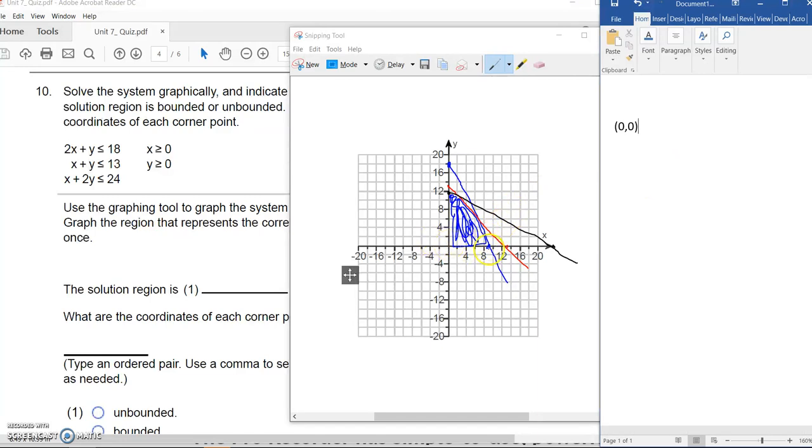And this is a coordinate which is the x-intercept of this blue line, that was a 9, so 9, 0, not 0, 9, because x goes first, y goes second. And then there's that piece, which is the y-intercept of the black line, and that's 12, and y goes second, so it's going to be 0, 12.